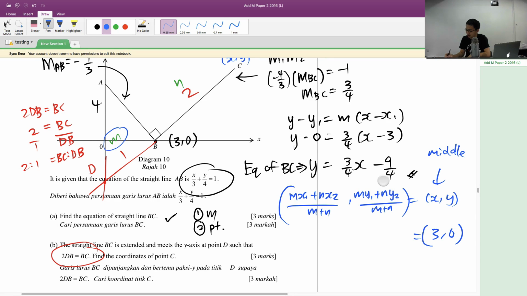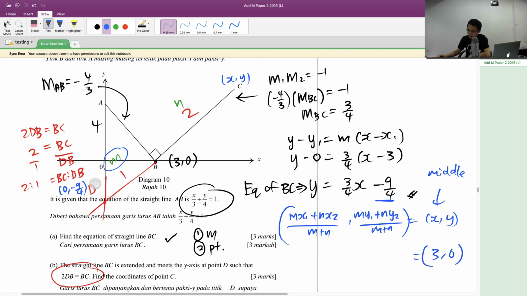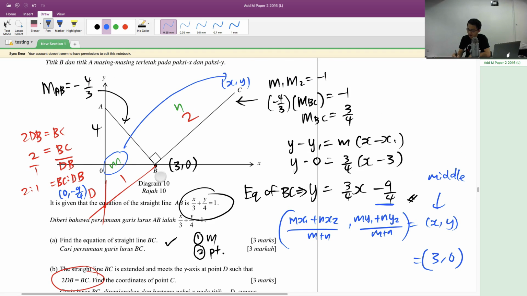From this equation over here, we know the y-intercept is negative 9 over 4. So coordinate D is (0, negative 9 over 4). M has to always multiply the further coordinate. Same thing, N has to always multiply the further coordinate. That means you cannot use N to multiply X.